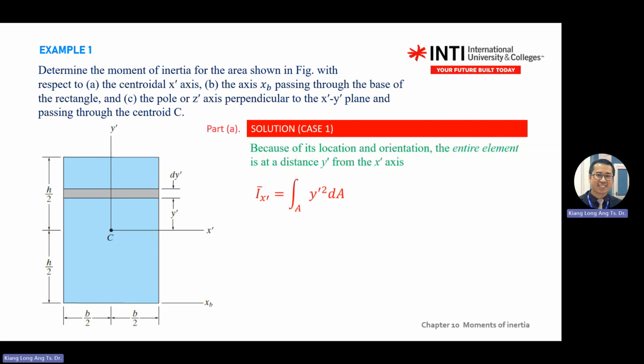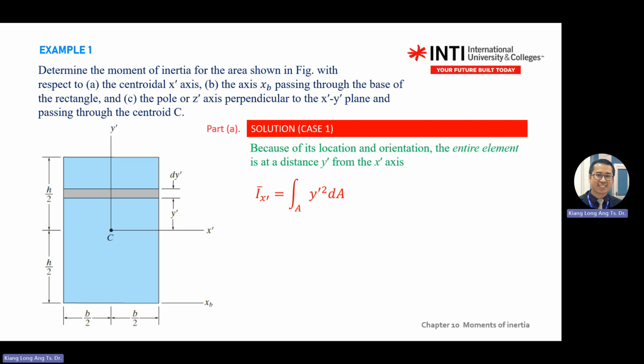Straight away, we apply the equation. Because here is using y prime, we just copy the y prime there. The moment of inertia from x prime, he asks you from the x-axis, so you just copy from the x-axis.